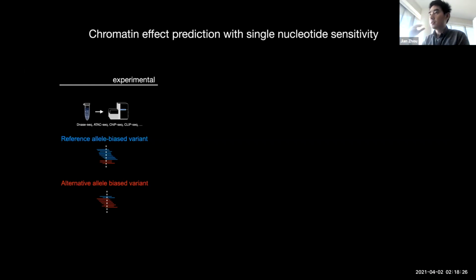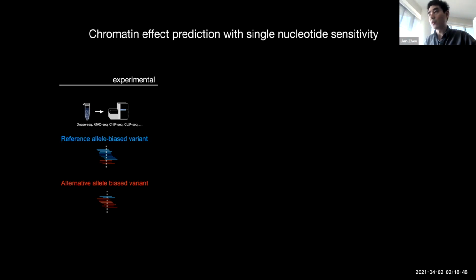In those data sets, we look for positions where there are heterozygous variants in the sample. And for those heterozygous variants, we look for whether one of the alleles is significantly more represented in this data set than the other allele.